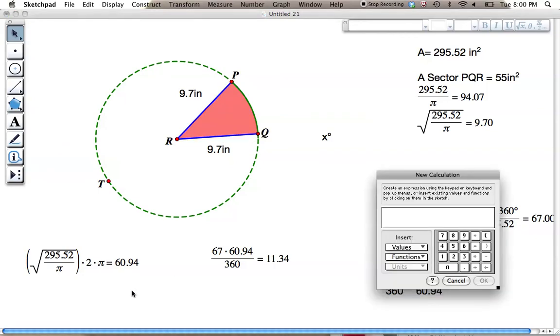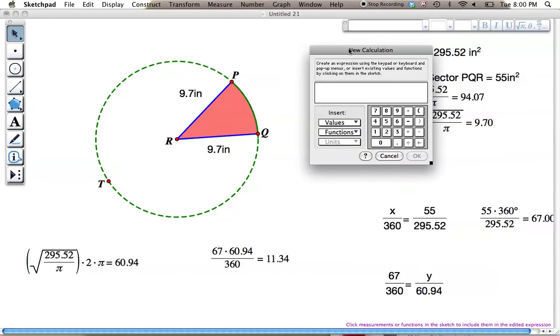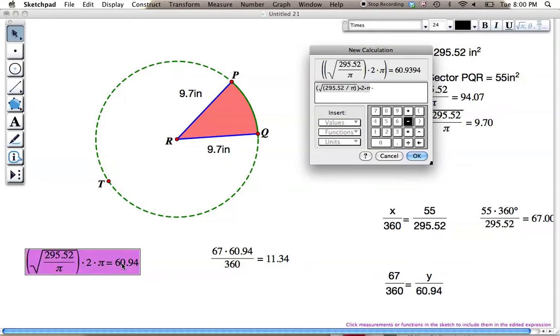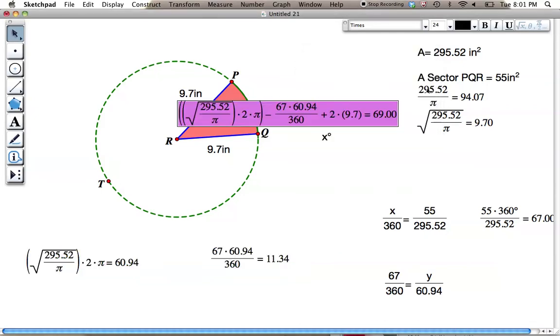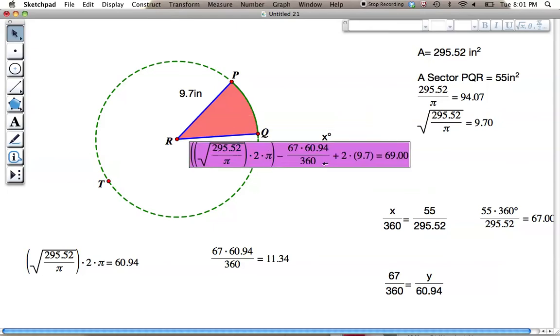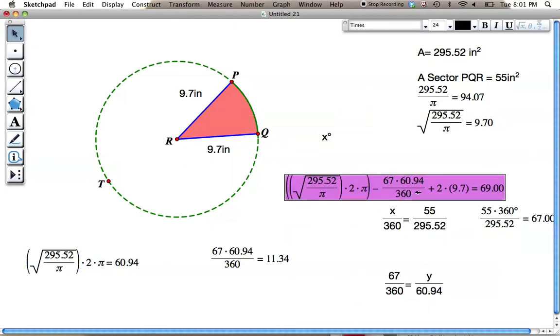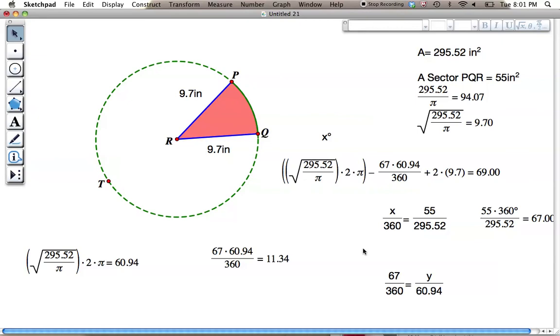And it's 69.0 inches because we're talking about perimeter.